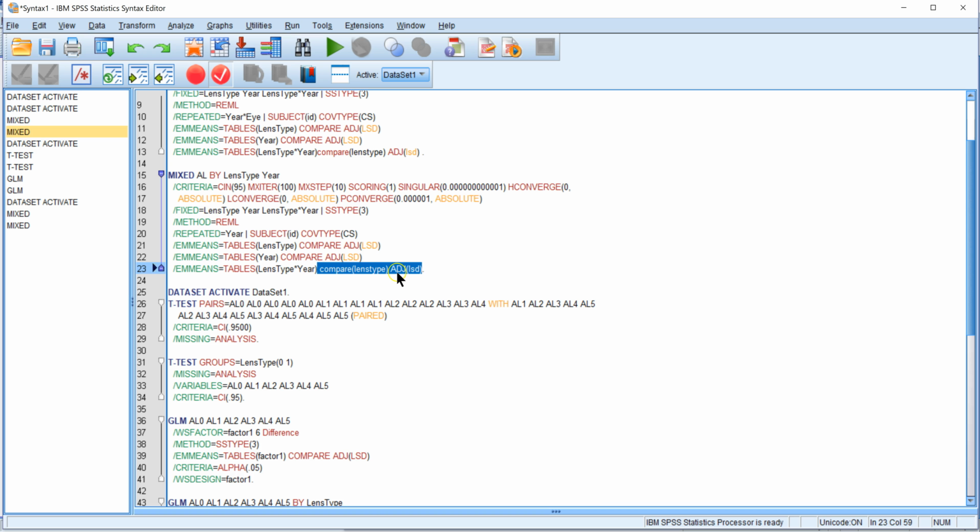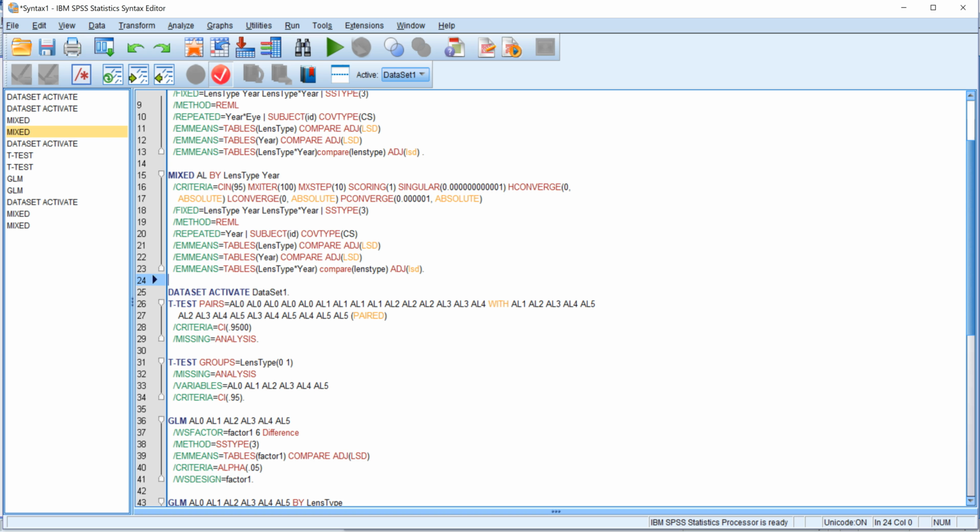Compare lens type adjusting, or well, this is a post hoc adjustment, which is least significant difference, which is no adjustment. So we're not really adjusting for any p-value. You can adjust for Bonferroni, something like that, if you are so inclined. All right, but let's just see what we get with this.